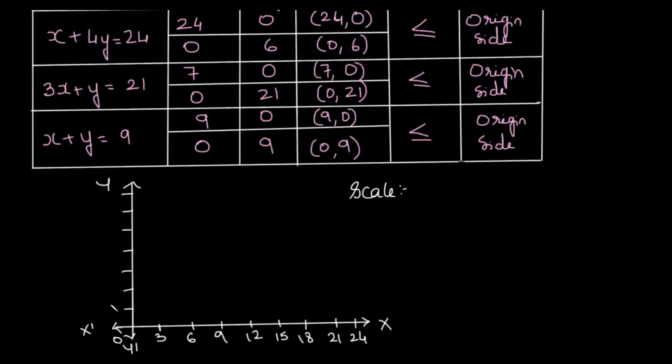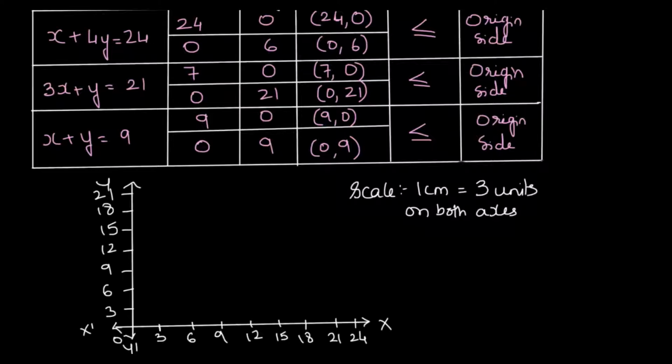Similarly, on the y-axis also we take 1 unit is equal to 3. So these are the coordinates on the y-axis. The scale becomes 1 centimeter is equal to 3 units on both axes.